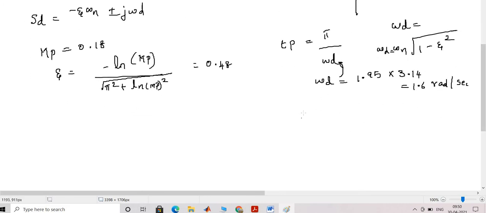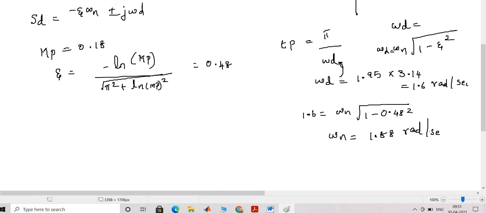So when you apply the values, 1.6 is equal to omega n into square root of 1 minus 0.48 square. The value of omega n, the natural frequency of oscillations, will be 1.88 radian per second.